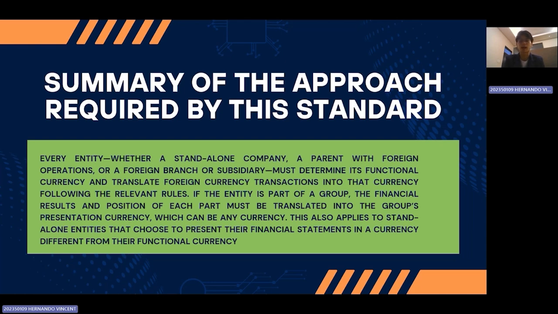In summary, IAS 21 provides a systematic method for handling foreign exchange effects. It ensures that the financial performance and position of entities are not distorted by currency fluctuations, and that international investors can fairly assess a company's financial health regardless of where it operates.